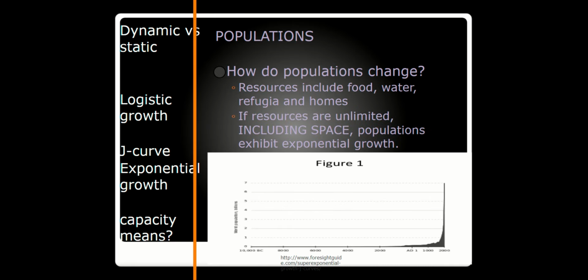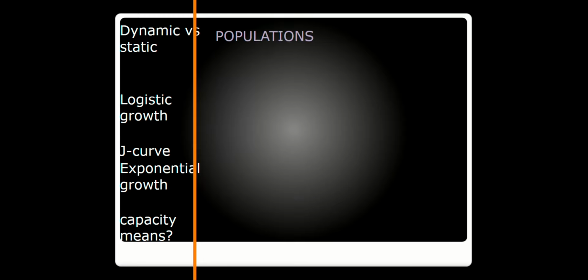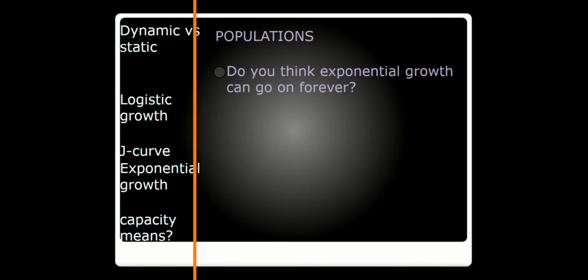So if resources are unlimited, including space, populations exhibit exponential growth, which is what you see below. That was a J curve.